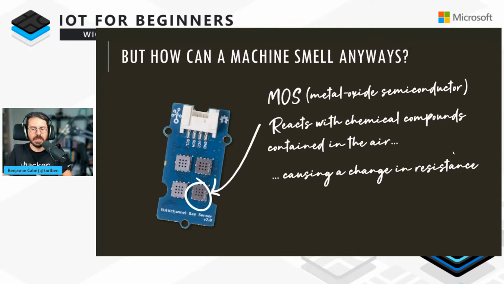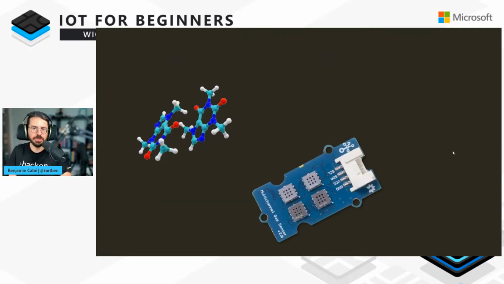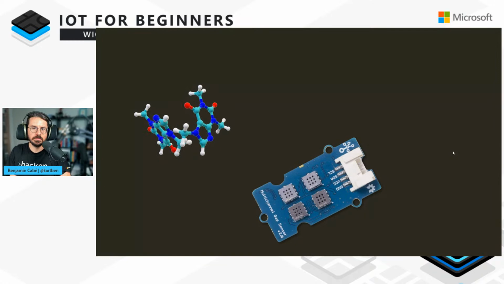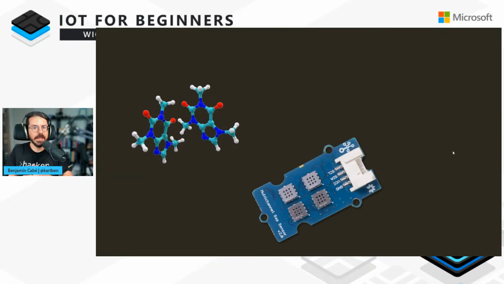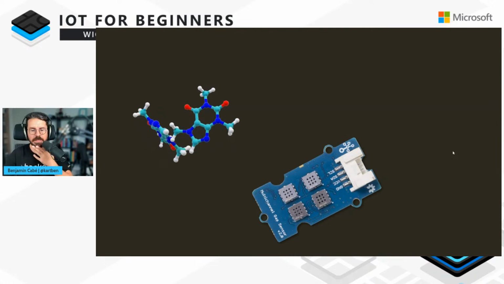But those electrons moving around will effectively cause a change in resistance for the sensor, which means that this is something that can be measured by the microcontroller. Hence, this is something that we have access to in our embedded software.